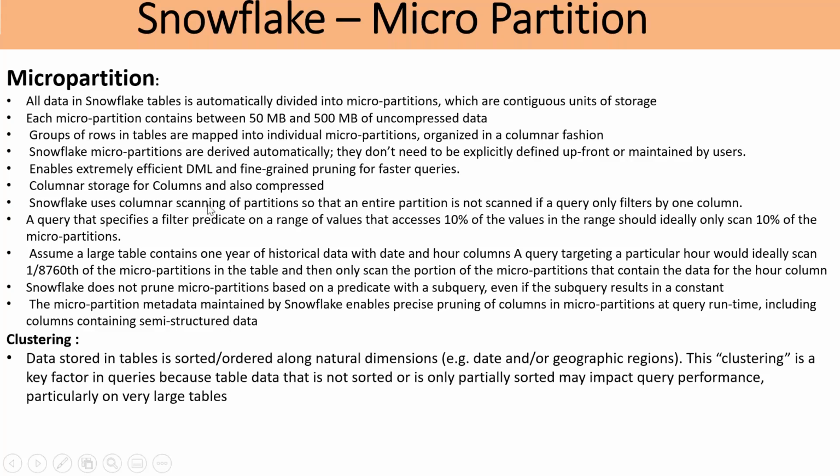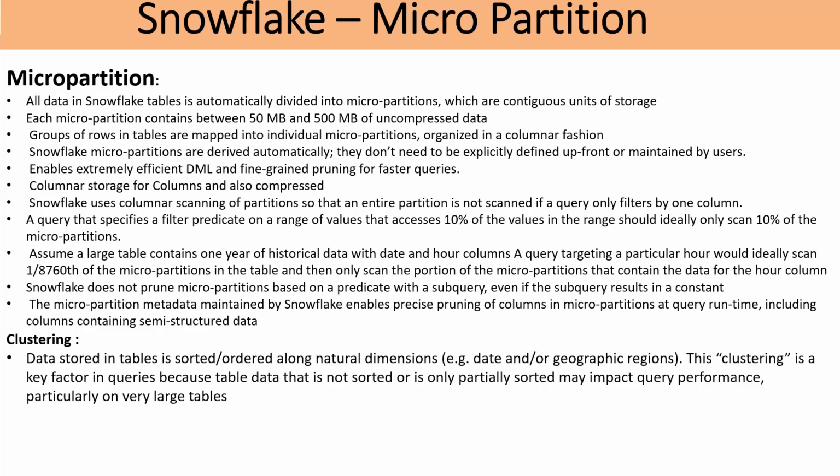So Snowflake uses columnar scanning of partitions so that the entire partition is not scanned. If a query only filters by one column, it doesn't need to scan the others. If you're filtering on one particular column, say where department number is equal to 10, and it has micro partitions, it looks at the micro partitions which don't have department 10 and omits them.